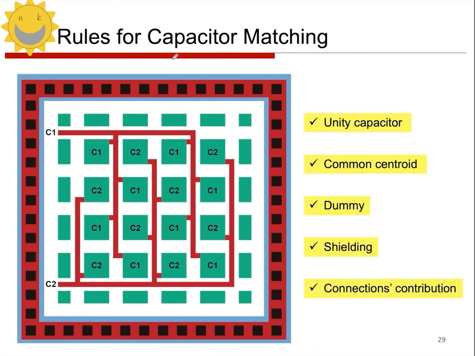All right, so what we've talked about so far are some mechanisms that can cause device mismatch. Then we also introduced some layout methods to deal with the phenomenon of layout-dependent mismatch. The above means were illustrated using the MOS transistor as an example.